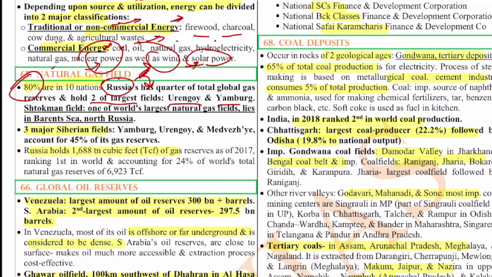The Shtokman field, one of the world's largest natural gas fields, lies in the Barents Sea, North Russia. So remember this: Urengoy, Yamburg and Shtokman, all three are in Russia. Three major Siberian fields, the Yamburg, Urengoy and Medvezhye, account for 45% of the gas reserves. So this is about the major gas fields.